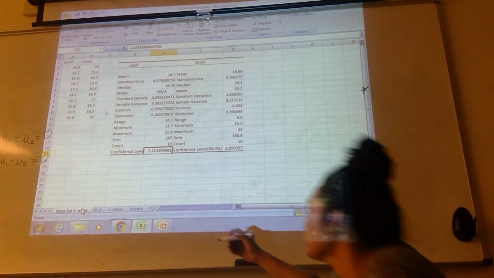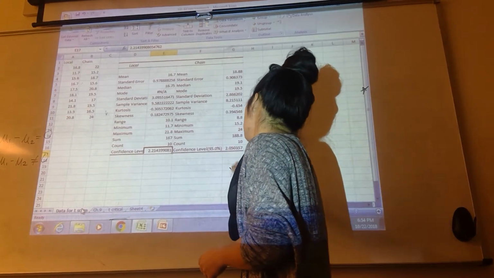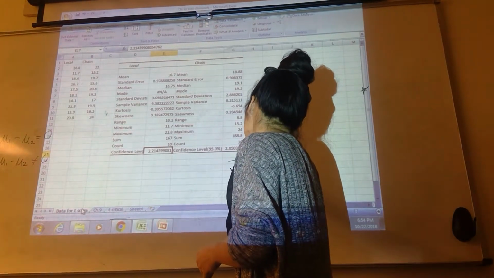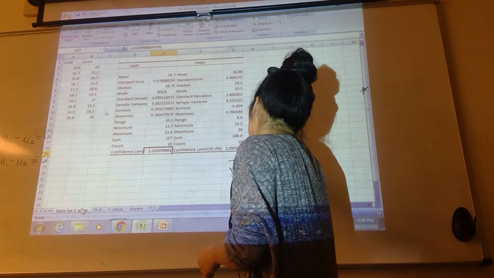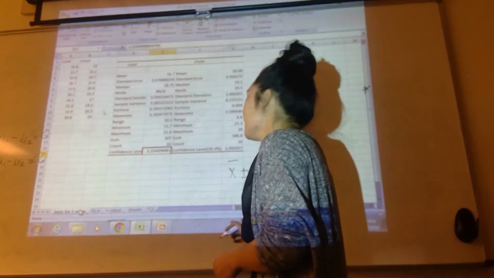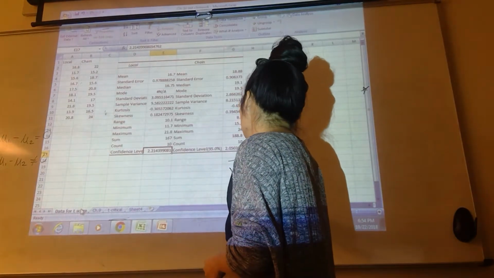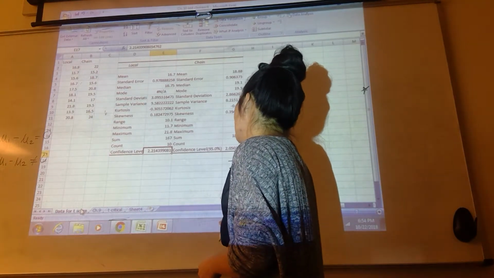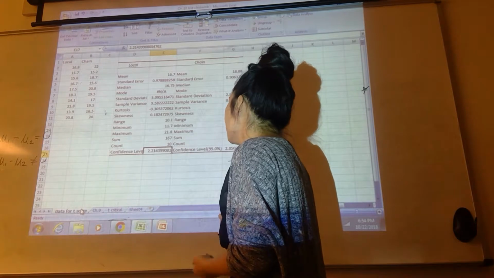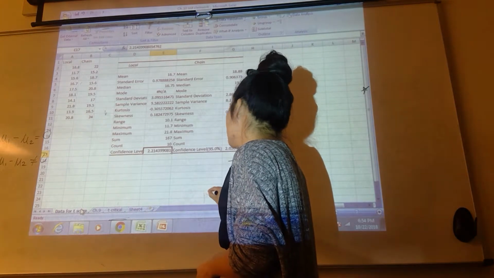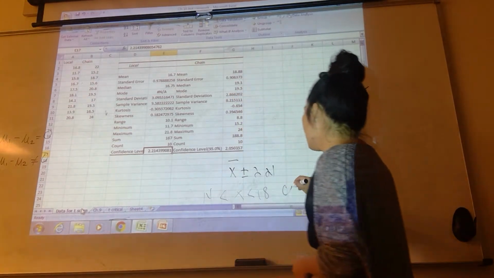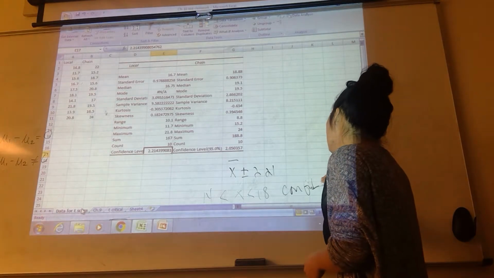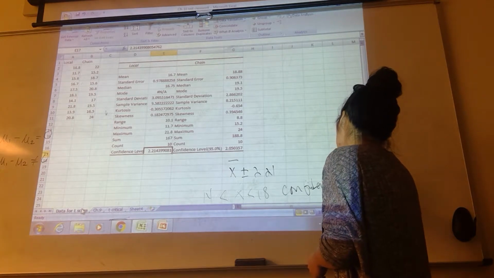Yeah, so it's telling you this plus or minus 2.21, right? And so that'll give you what, 18 less than x is less than 16.7, I don't know, 14. So this is our confidence interval.